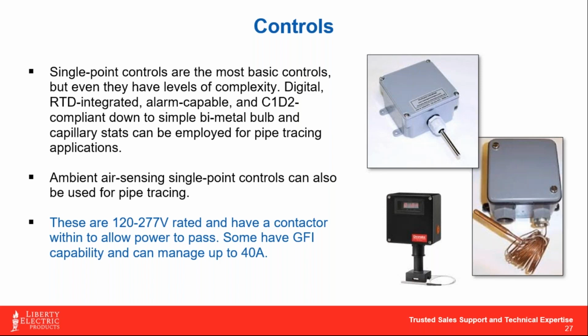The other thing is, with the digital ones, generally you can jump off of an alarm contact inside of there. So if you do need to send indication someplace, you can do it. So that's another benefit to going with something a little more advanced on the single circuit side of things as well. Pretty neat, though, that these little guys can usually all handle line voltage from 120 to 277. Some of them have GFI capability, some don't, but most all of them can handle up to a 40 amp load.